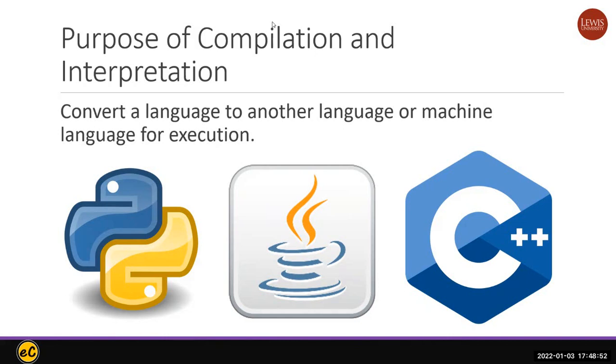In this course, we use three examples, Python, Java, and C++, to explain the difference: compilation, that's C++; the hybrid model, front-end compilation and back-end interpretation using the Java virtual machine, that's Java; and then we also talk about pure interpretation-based languages such as Python.